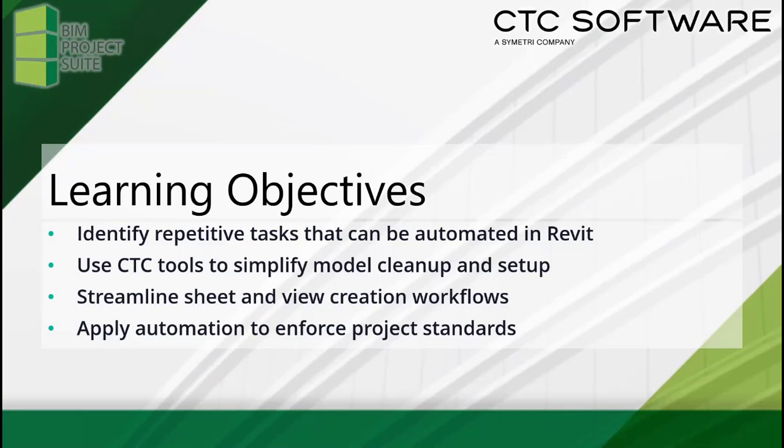Each discipline kind of has their own list. And then we're going to show you how to use some of the CTC tools to set that up and to run through those processes, show you or tell you where to find more information about the specific products themselves. And we'll get into a couple of examples, sheet and view setups, how to do some automation for standards and all kinds of good stuff.